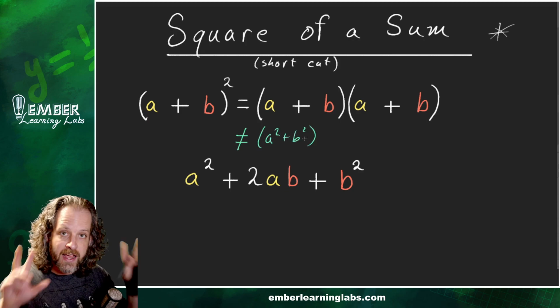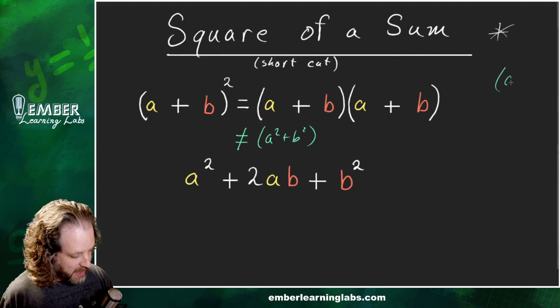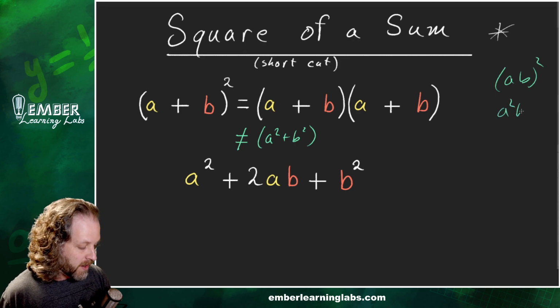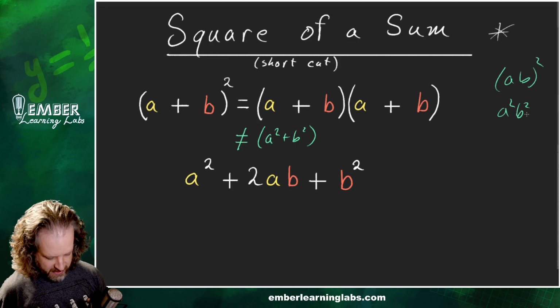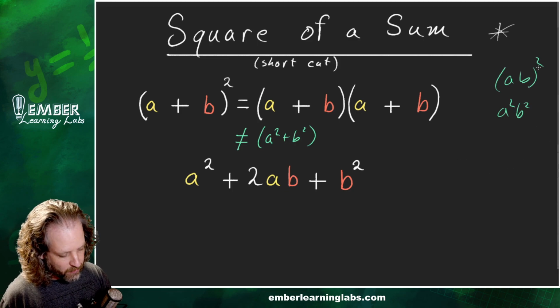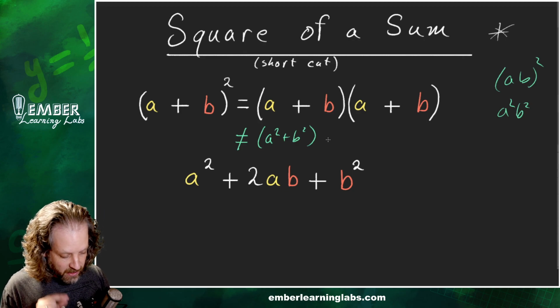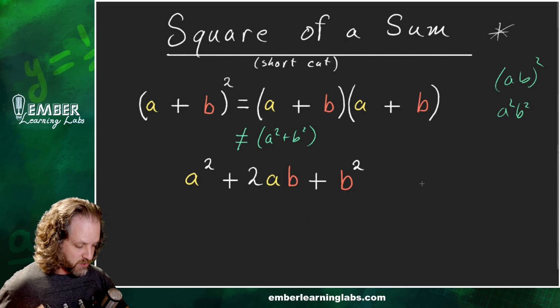You can't just distribute that square. If this was a times b, then it is a squared b squared, but not plus. That is really important. That's the thing I want to make a big deal about here: you absolutely cannot just do this.